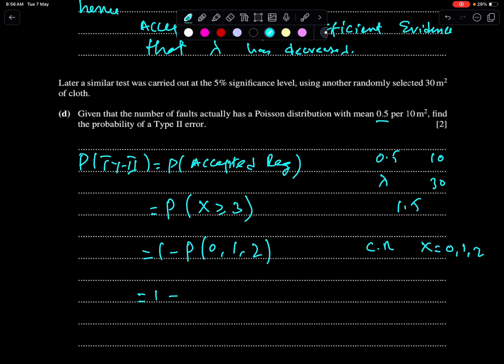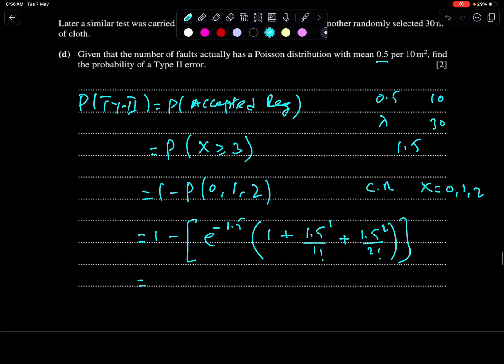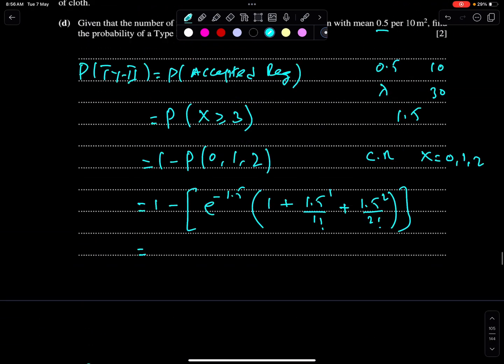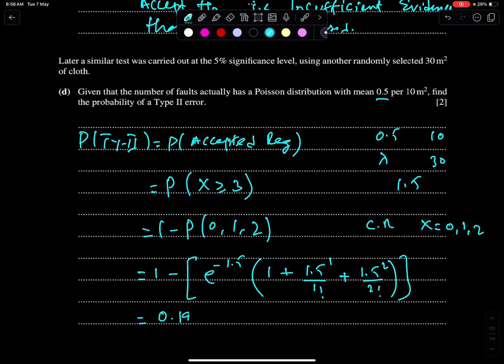So 1 minus e power minus 1.5, 1.5 power 1 over 1 factorial, 1.5 square over 2 factorial. So this is the probability of type 2 error. 0.191. Make sure you give your answer up to 3 significant figures.